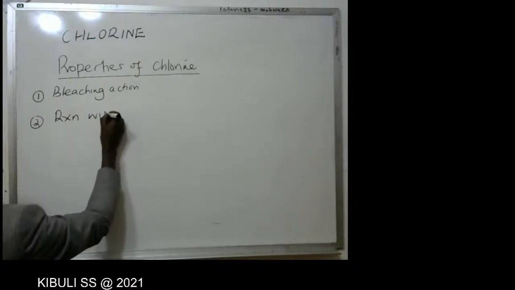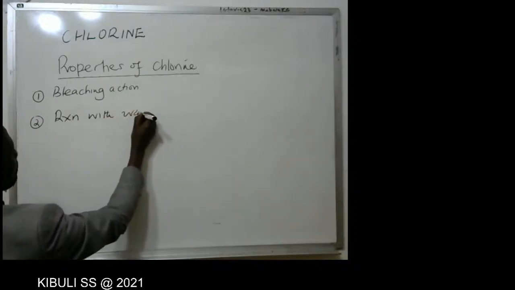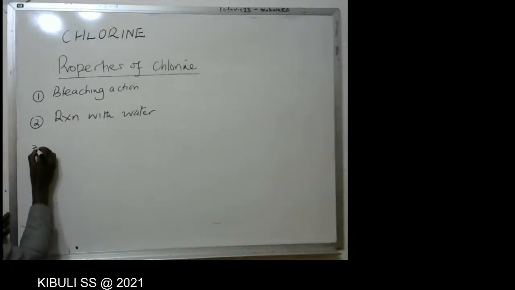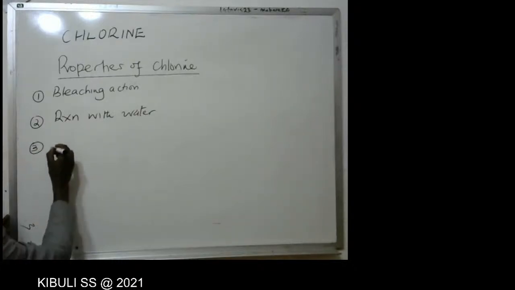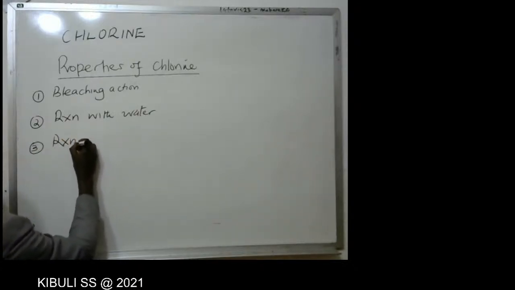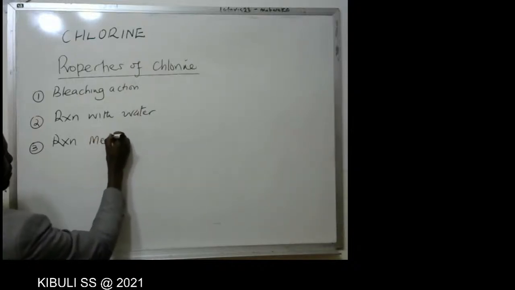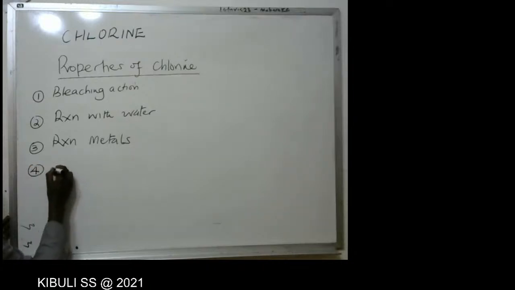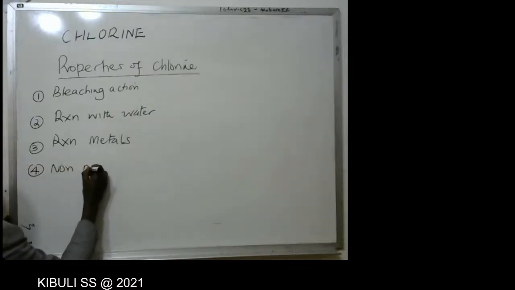Reaction with water. And I'm reliably informed that is where you ended, and that's what you looked at with the other teacher. Number 3, we shall get interested in the reaction with metals. Its reaction with non-metals.